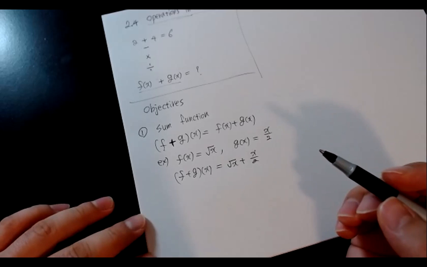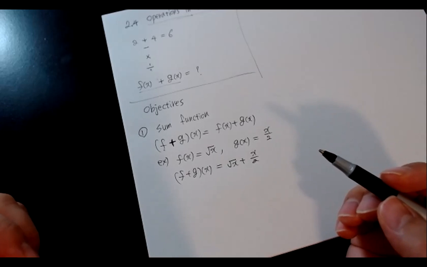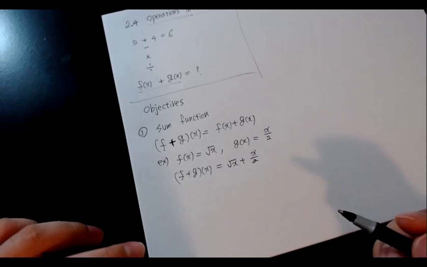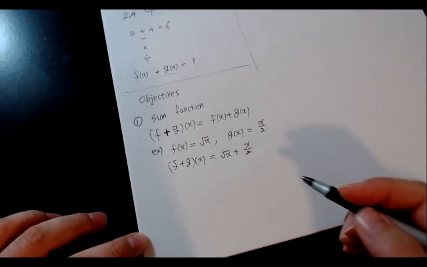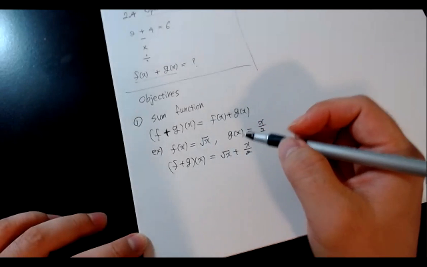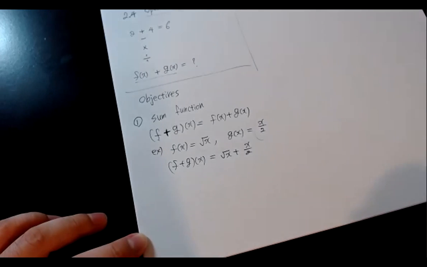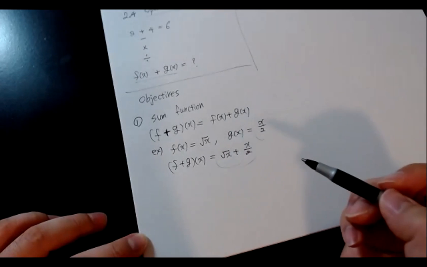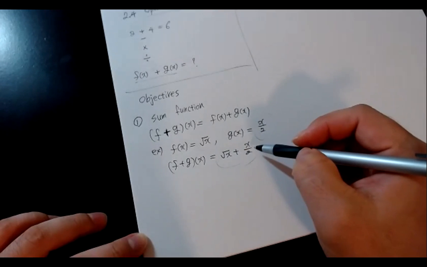But the problems in this section not only ask you to find the sum function, but also probably ask you to find the domain of that sum function. We know the domain of square root of x is 0 to infinity, and the domain of x over 2 is negative infinity to infinity. But what about the domain of the sum function, square root of x plus x over 2?